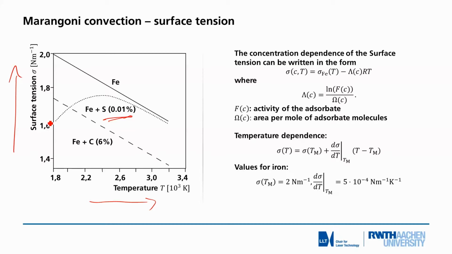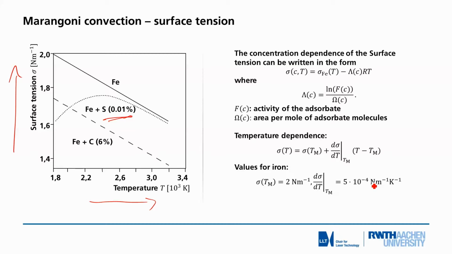On the right you again see the expressions for the surface tension as a function of the concentration and the temperature, and typical values for the surface tension that arises is something like 5 × 10⁻⁴ Newton per meter and degree.